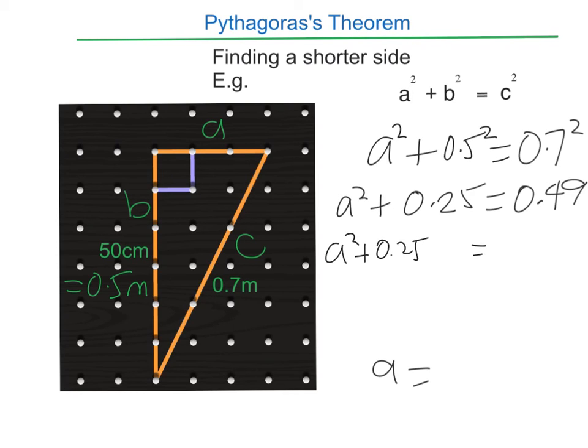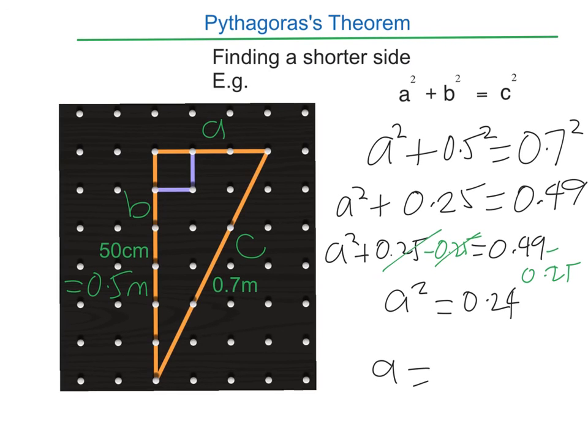And I'll just rewrite that so you can see what's going on. I'm going to subtract 0.25 from both sides of the equation. I need to do it to both sides. If I don't do it to both sides, the equation won't be balanced anymore. It won't be equal. These two make nothing, which is why I did it. 0.25 take away 0.25 is nothing. A squared, therefore, is equal to 0.49 take away 0.25, which is 0.24.